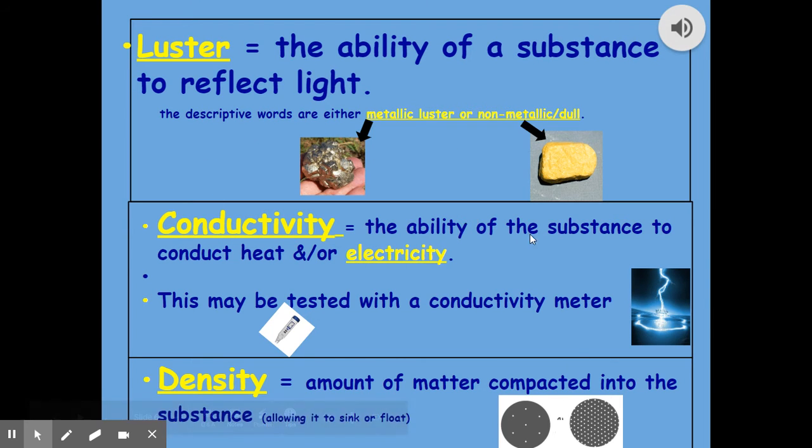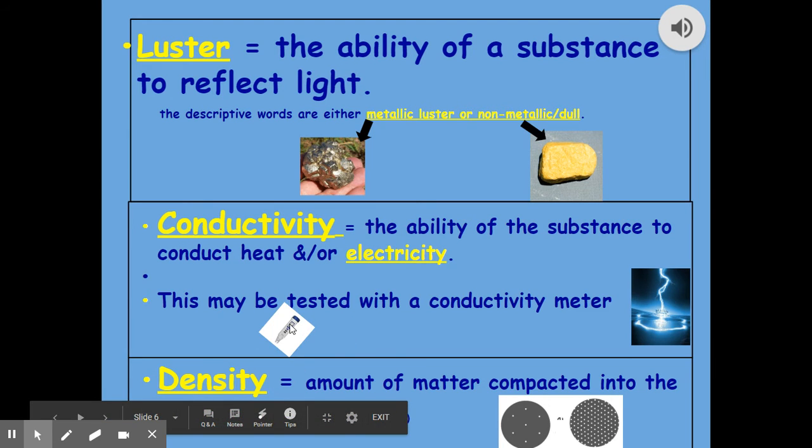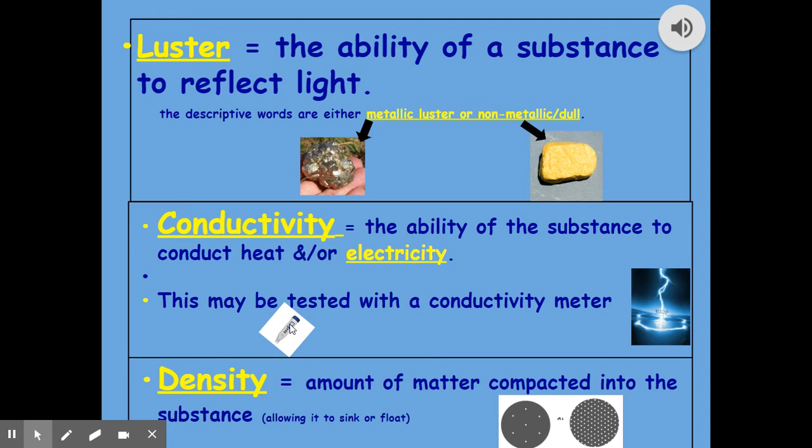Conductivity is the ability of a substance to conduct heat or electricity. So this may be tested with a conductivity meter. And we have a lab that we use on different substances, and we test the conductivity of different elements.